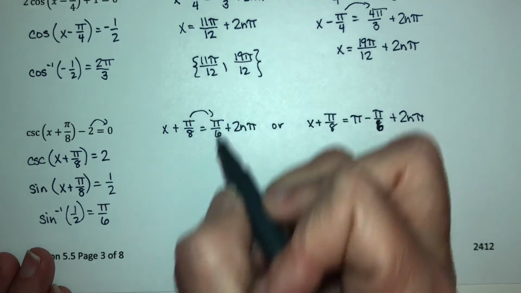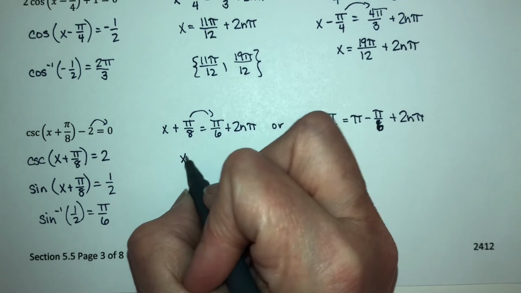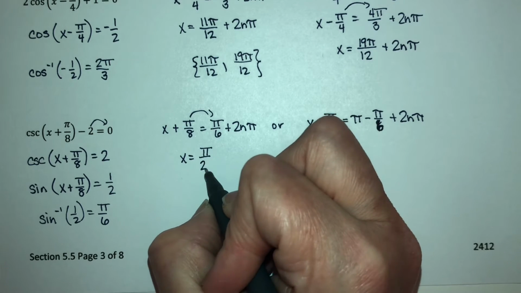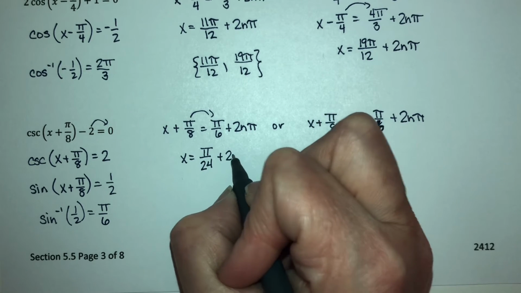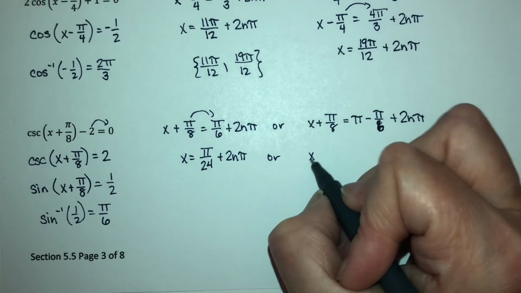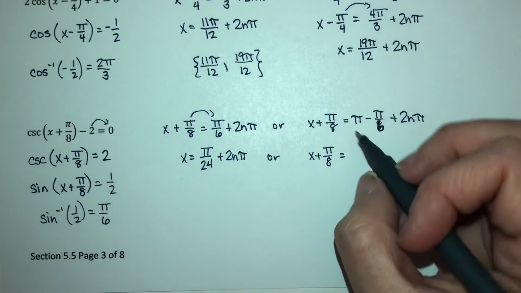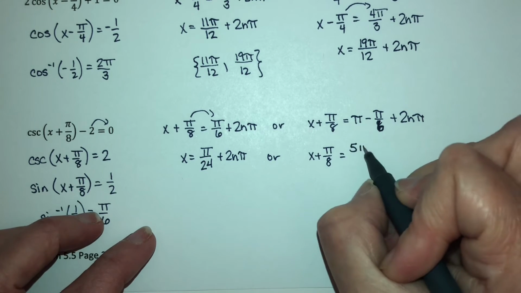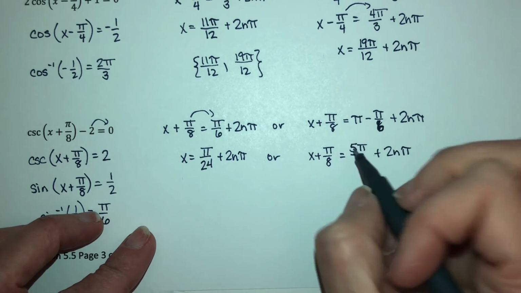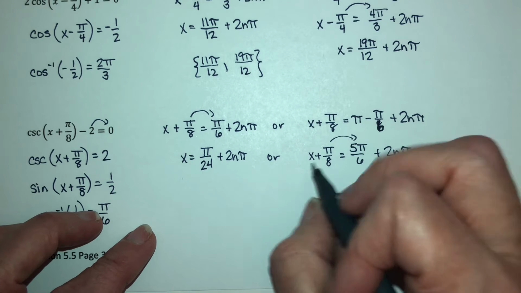So subtract pi over 8 here, and you get that our x has to equal pi over 24 plus 2n pi, or x plus pi over 8 is equal to 5 pi over 6 plus 2n pi. And subtract pi over 8 to get 17 pi over 24.